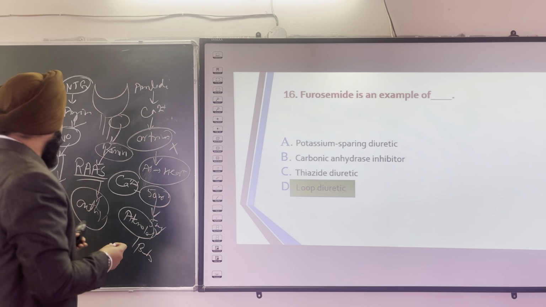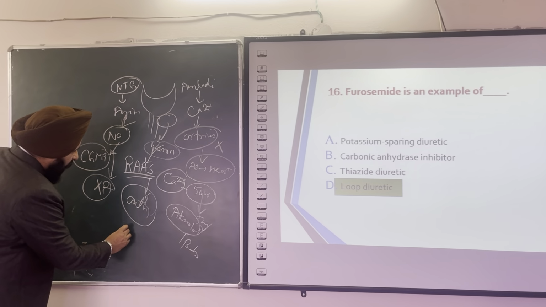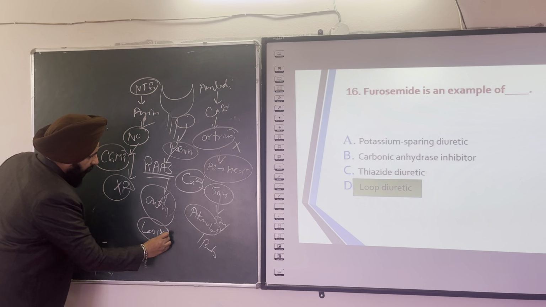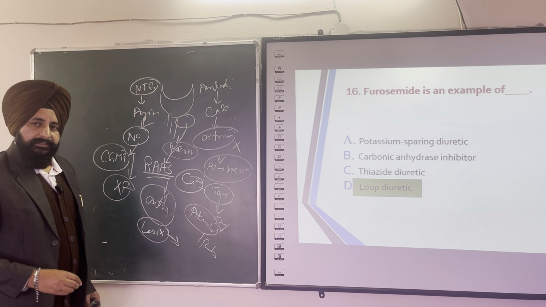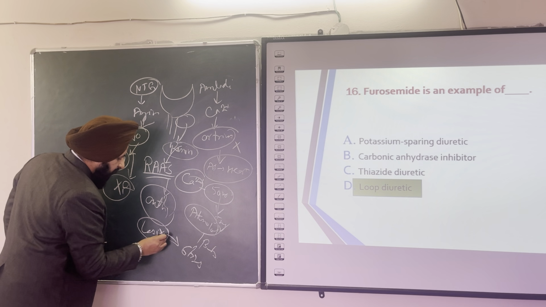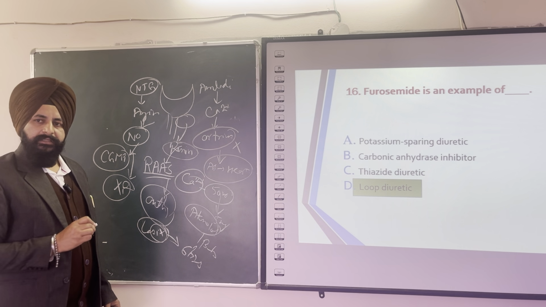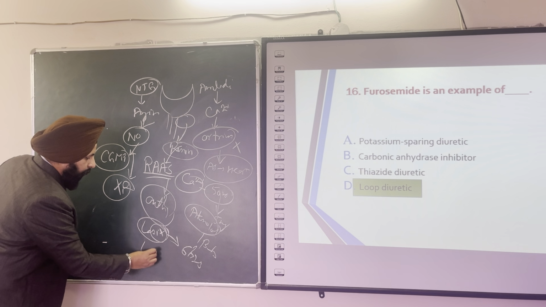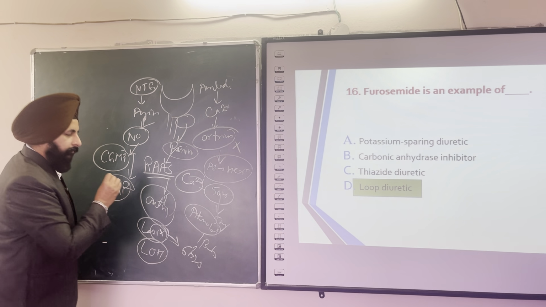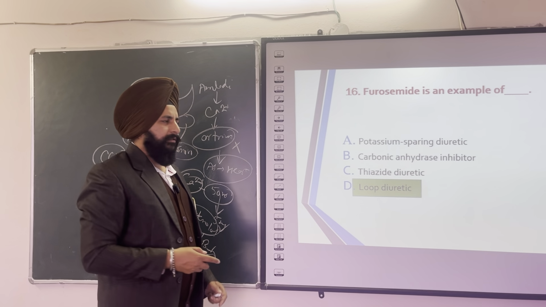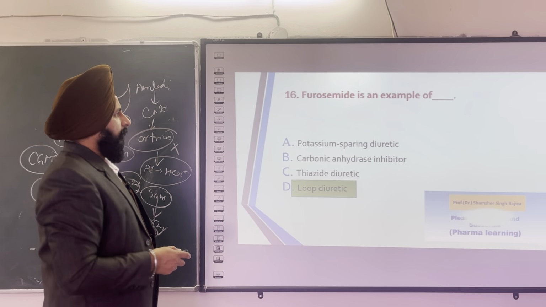Furosemide is called Lasix. The brand name is Lasix because its action lasts for 6 hours. The second thing, it is a loop diuretic because it acts on the loop of Henle part of your nephron. So that's why this is the right answer for this question.